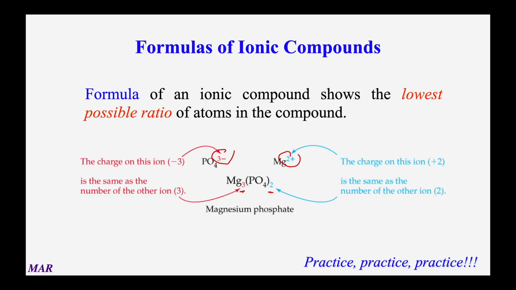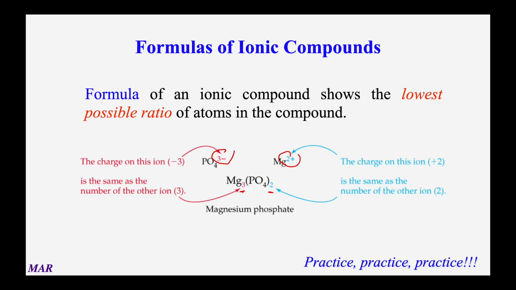You wouldn't want to write PO42 because it would look like PO with a subscript 42, where you'd have 42 oxygens and 1 phosphorus. That doesn't make any sense. So if there's more than one polyatomic ion, you use parentheses. Don't use parentheses under any other circumstances here, only if there's more than one.